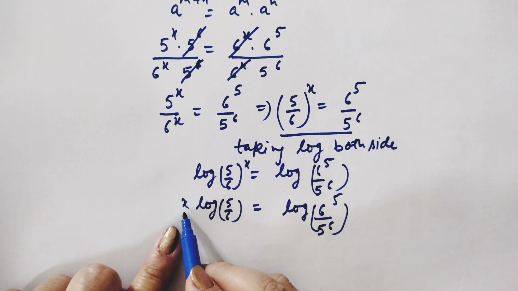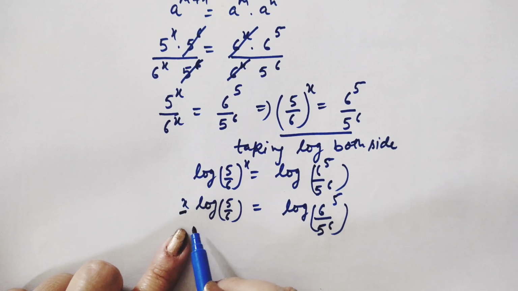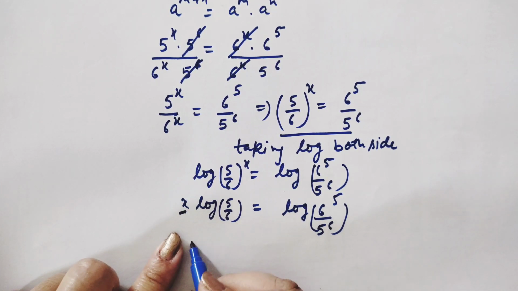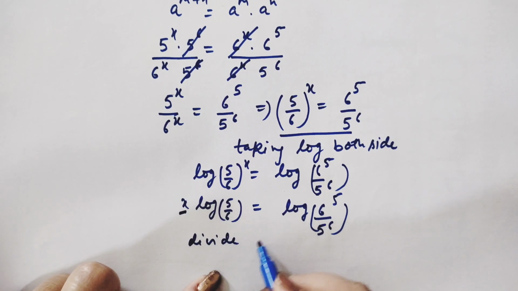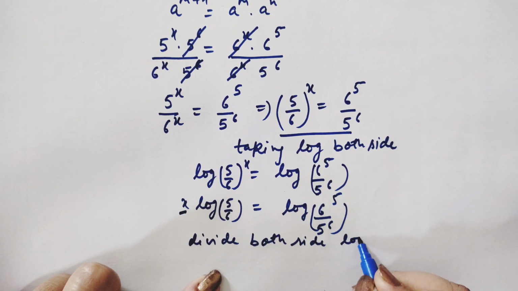Now we need to find the value of x. So x should be single, so we will divide both sides again. We will divide log 5 by 6 on both sides.